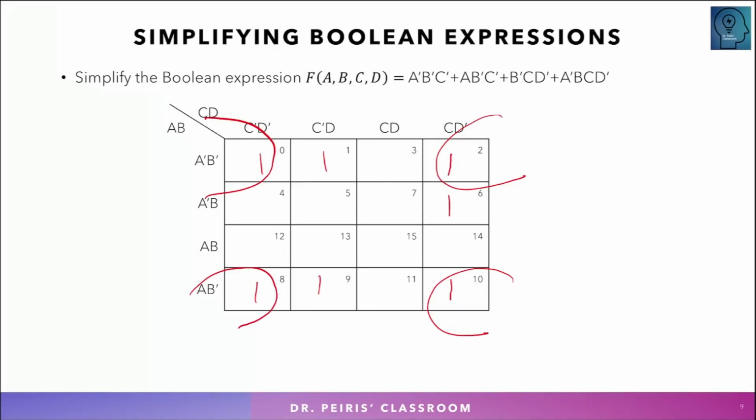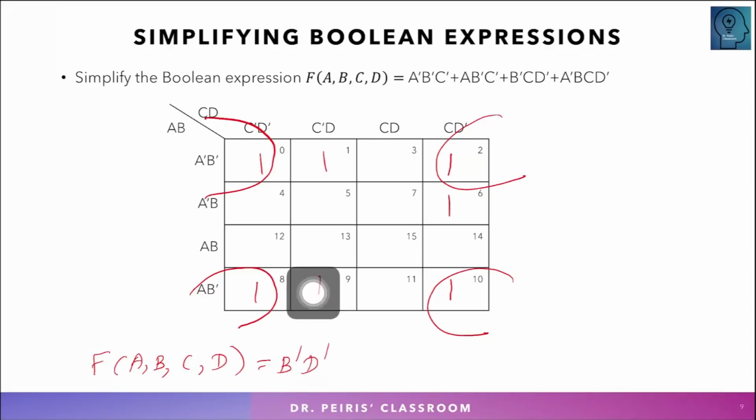We can easily do that, combine corners. So let's see what that corresponds to. So two rows, B prime is common, and these two columns D prime is common. So that's the first one.